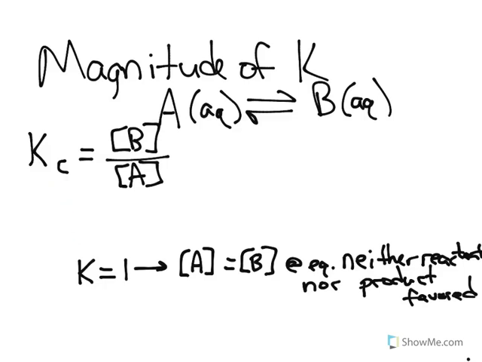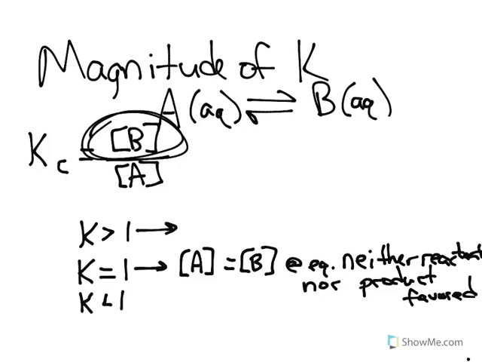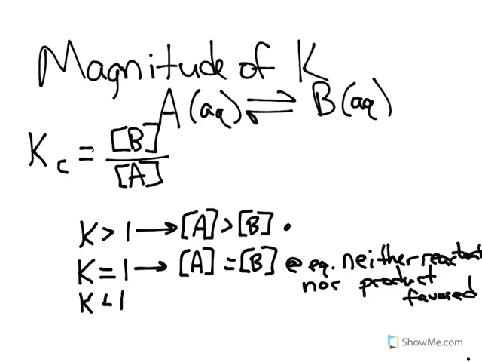Well, if K can equal 1, then it makes sense to think that K should be able to be greater than 1, or K should be able to be less than 1. Think about the fraction here. If I need K to be greater than 1, that means this numerator, the product, has to have a larger concentration than the reactant A. So here, the concentration of B is going to be greater than the concentration of A at equilibrium.